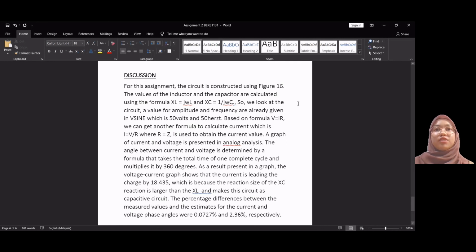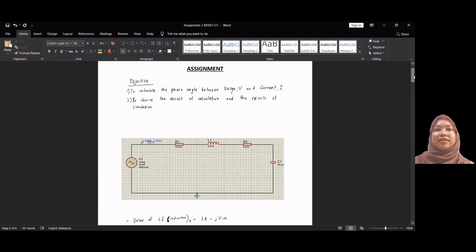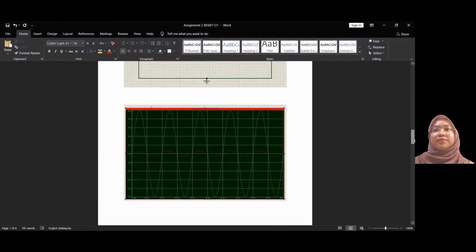Okay, for the discussion, for this assignment, the circuit is constructed using figure 16, which is this figure.